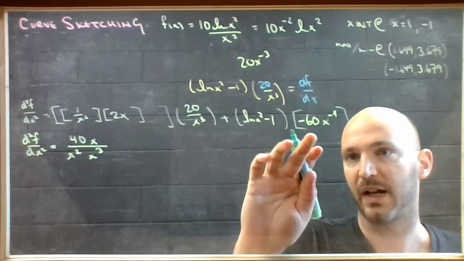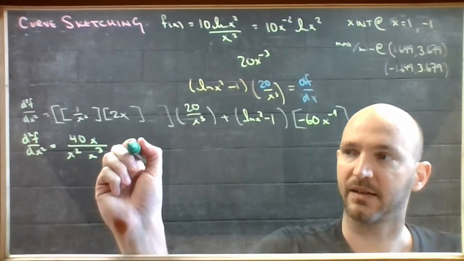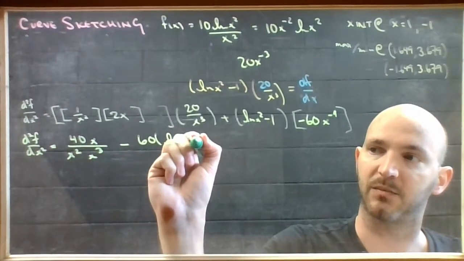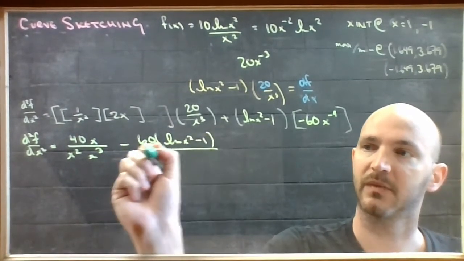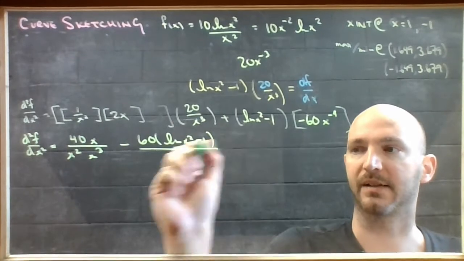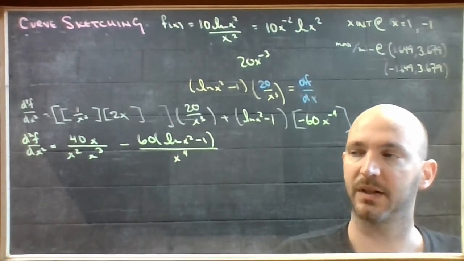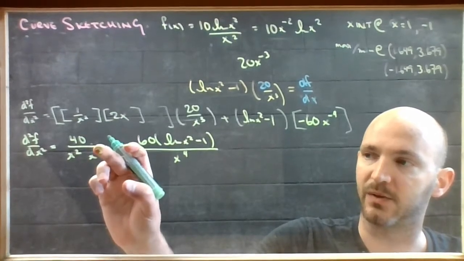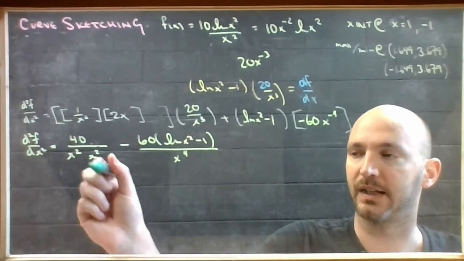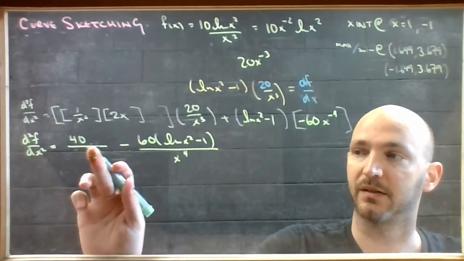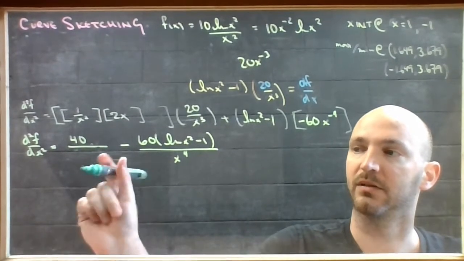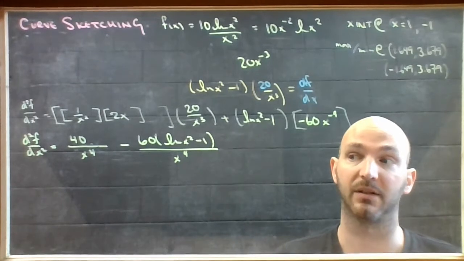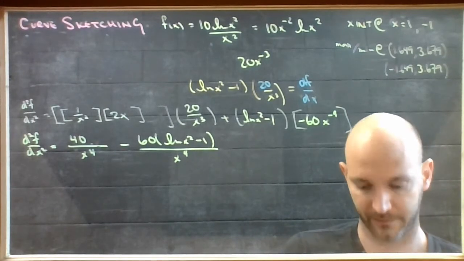In this term, I have a negative 60 times that, so subtract 60 ln of x squared minus 1 with an x to the power 4 in the denominator. One of these x's divides one of those away, and an x squared times an x squared is an x to the 4. So again, I ended up with a common denominator accidentally, which is encouraging.